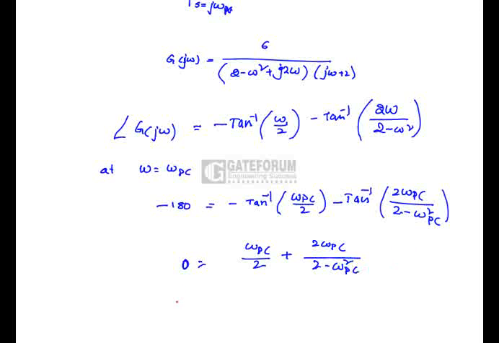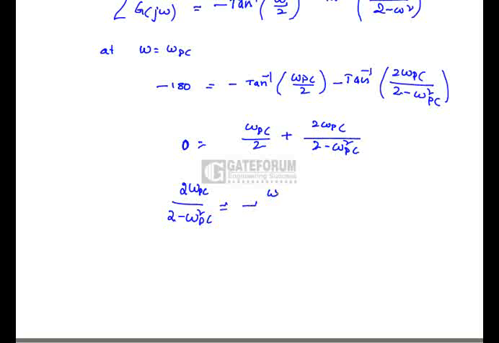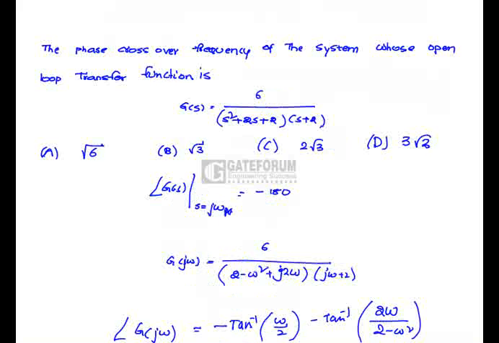So 2 omega pc divided by (2 minus omega square pc) is equal to minus omega pc by 2. This gets cancelled. Omega square pc minus 2 is equal to 4. So omega square pc is 6, so omega pc is equal to root 6. That is, option A is correct.